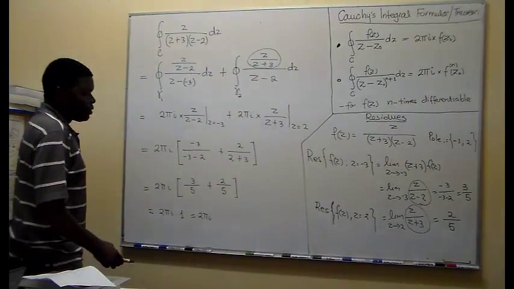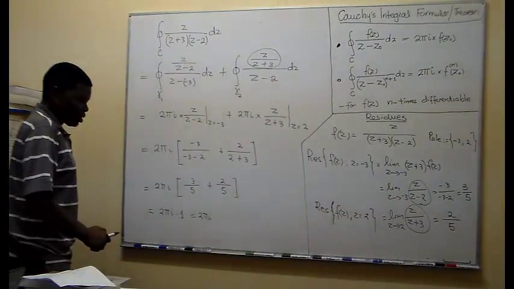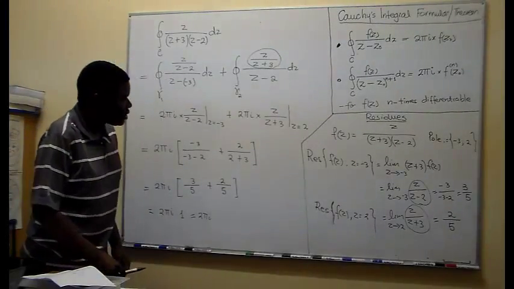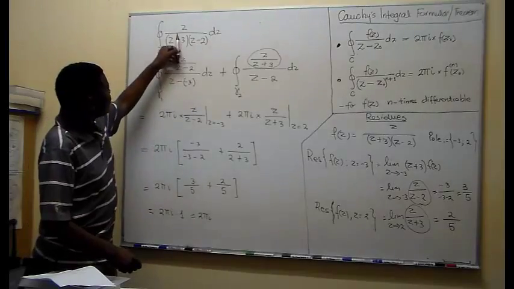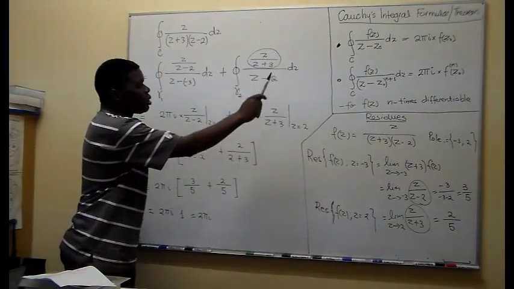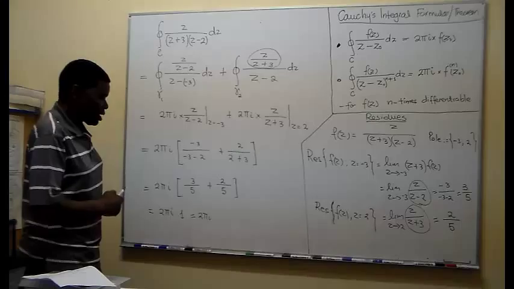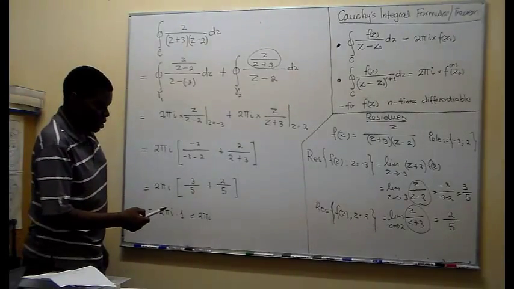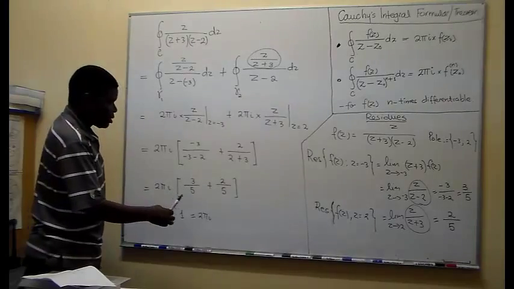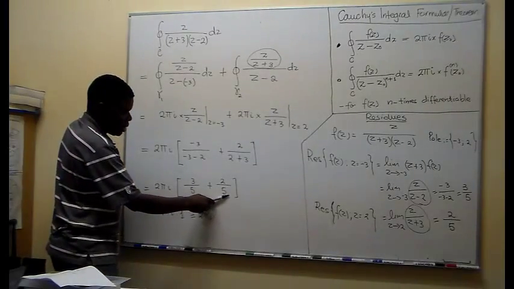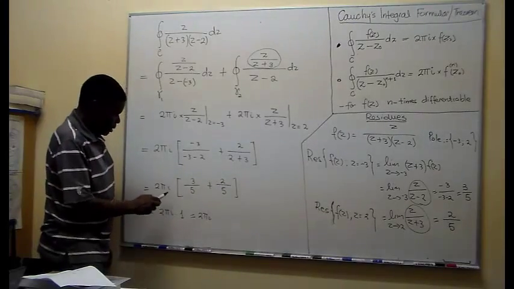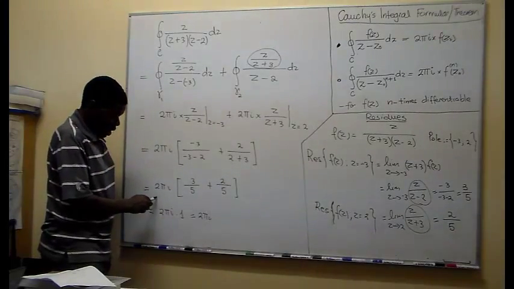So this little experiment we've done leads us to the conclusion that integrating a function using Cauchy's integral formula, in this case, is actually the same as adding the residues, which you see there, and multiplying by 2 pi I.